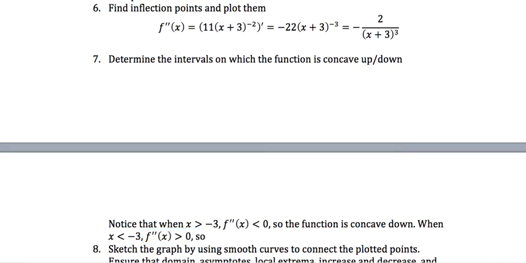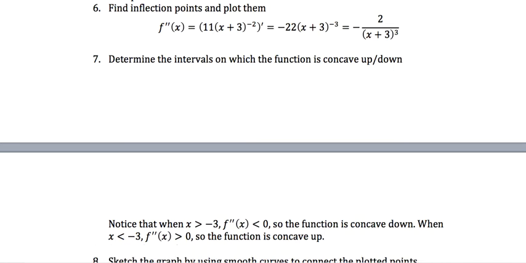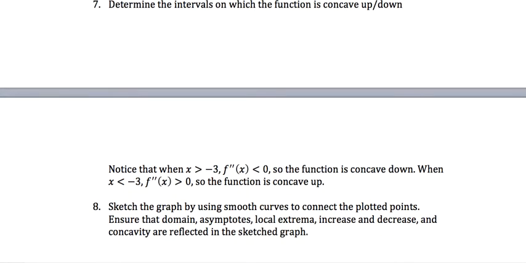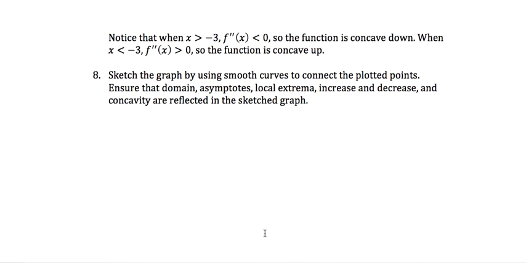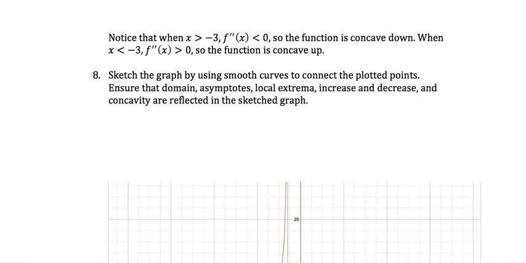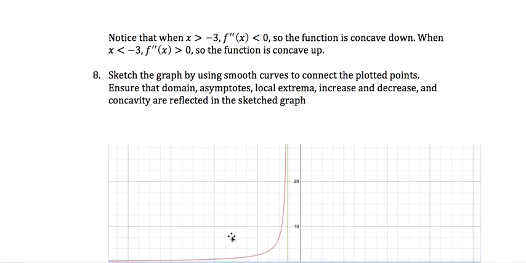And so the function is concave up. We have determined the concave up and concave down intervals. So the final step is we will sketch this graph by using smooth curves to connect the plotted points. Here is the graph.